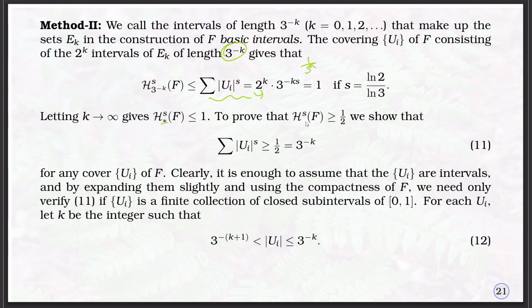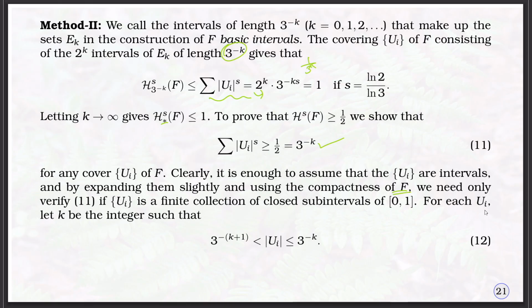To prove that H^s of F is greater than or equal to 1/2, we show that the sum of |U_i|^s is greater than or equal to 1/2 = 3^(-s) for any cover {U_i} of F. Clearly, it is enough to assume that the U_i are intervals, and by expanding them slightly and using the compactness of F, we need only verify it if {U_i} is a finite collection of closed subintervals of [0, 1].